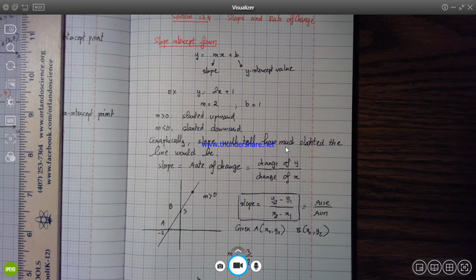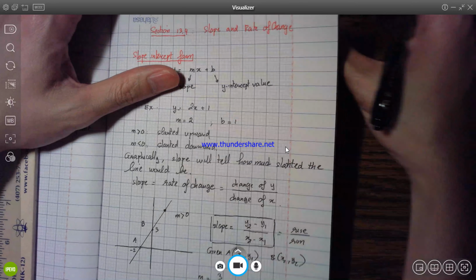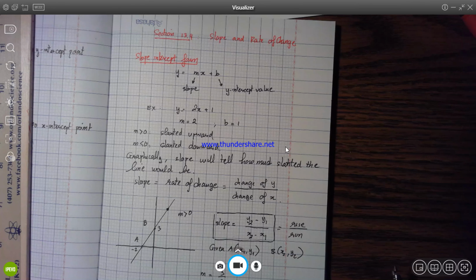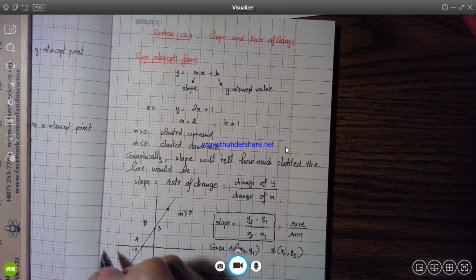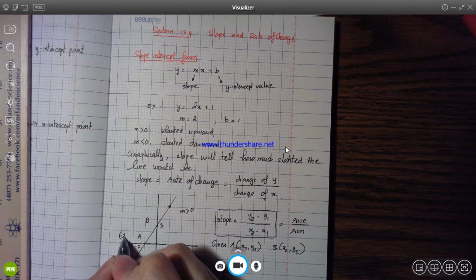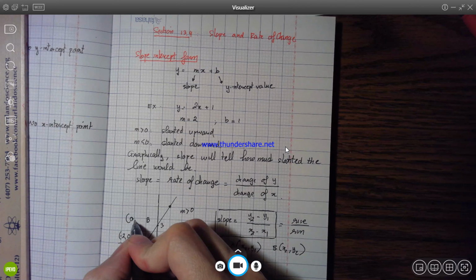So m can be calculated by using the y and x components of A and B. The coordinate of A is (-2, 0). The coordinate of B is (0, 3), right?